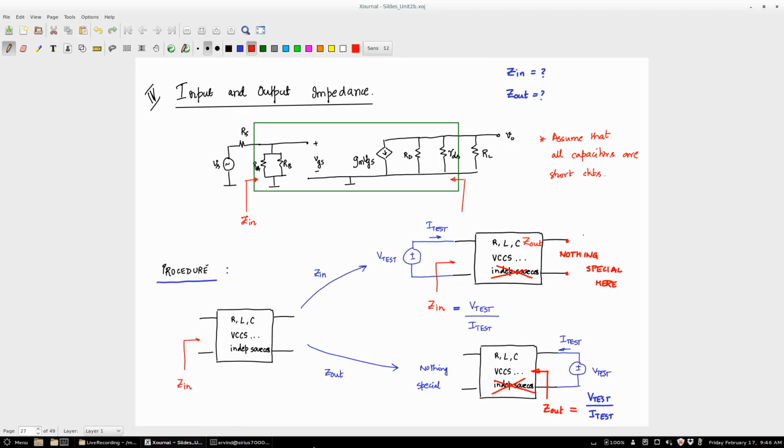And your output impedance is a function of RD, essentially RD parallel ro parallel RL, right? You can't directly say whether it is low or not, because your gain is a function of all of these things again, right? Your gain is gm times RD parallel RL. So if you make this low, then your gain will go low, but you will have low output impedance. So there's a trade-off there.